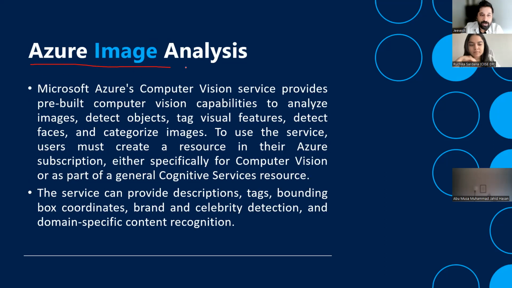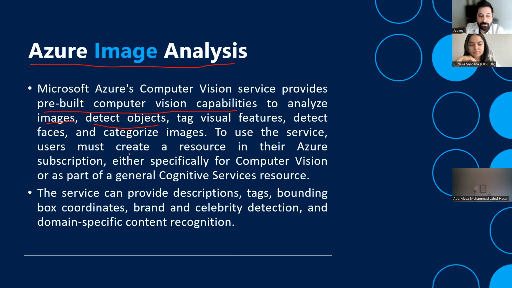Now comes the topic of Azure image analysis. Microsoft's computer vision service provides pre-built computer vision capabilities to analyze images. We did this yesterday where we put in an image and we got the analysis of what is there in the image. We can use it to detect objects, for example, a building, a river, a car, a pedestrian, a human. We can tag features, we can detect faces, we can categorize images.